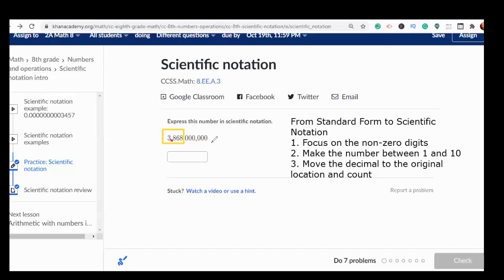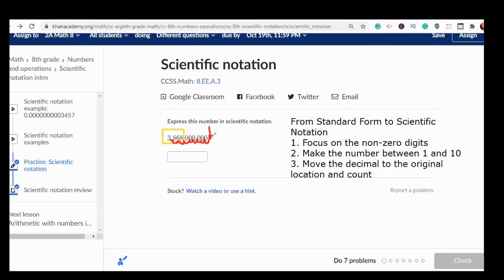So the original number was 3,868,000,000, and there was an invisible decimal right here, right at the back of the number. So we're going to move it and count 1, 2, 3, 4, 5, 6, 7, 8, 9 spaces.